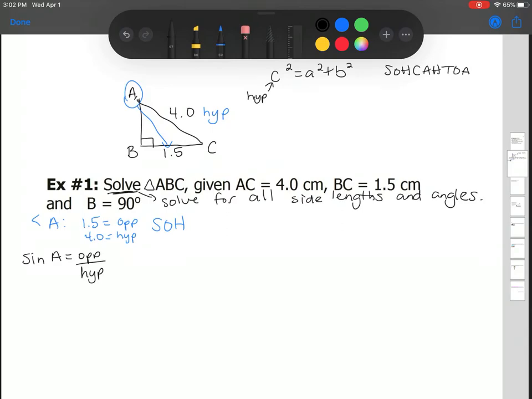When we do sides, like in the Pythagorean theorem, we use lowercase letters. And that's going to continue when we get to the sine law as well. So if you want to start using that notation, that is perfectly reasonable. Okay, so sine of A is opposite over hypotenuse. And then we need to solve for that. It's up to you if you want to divide or you want to just do the inverse.